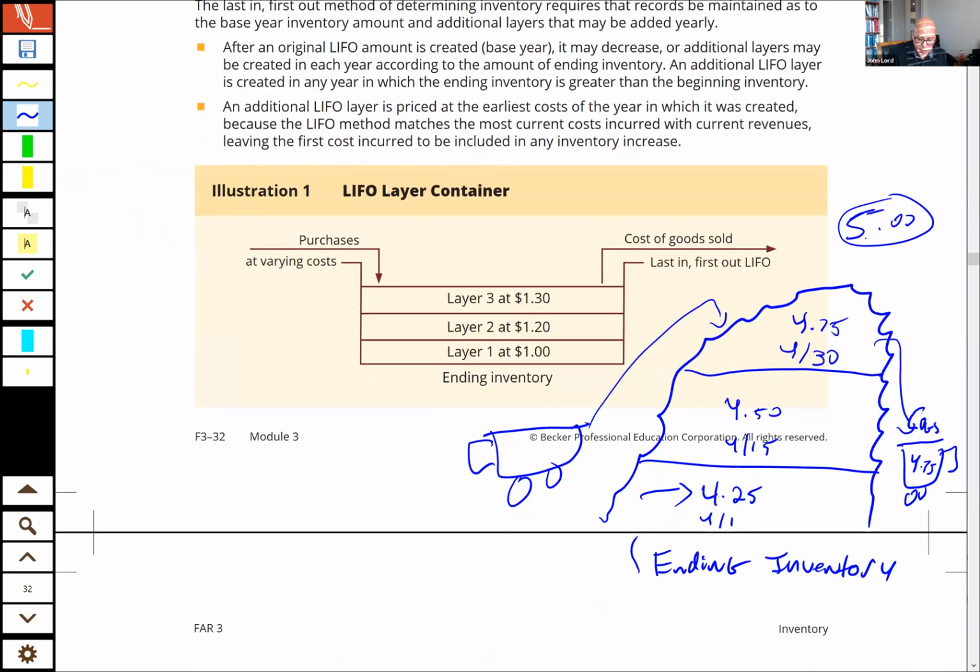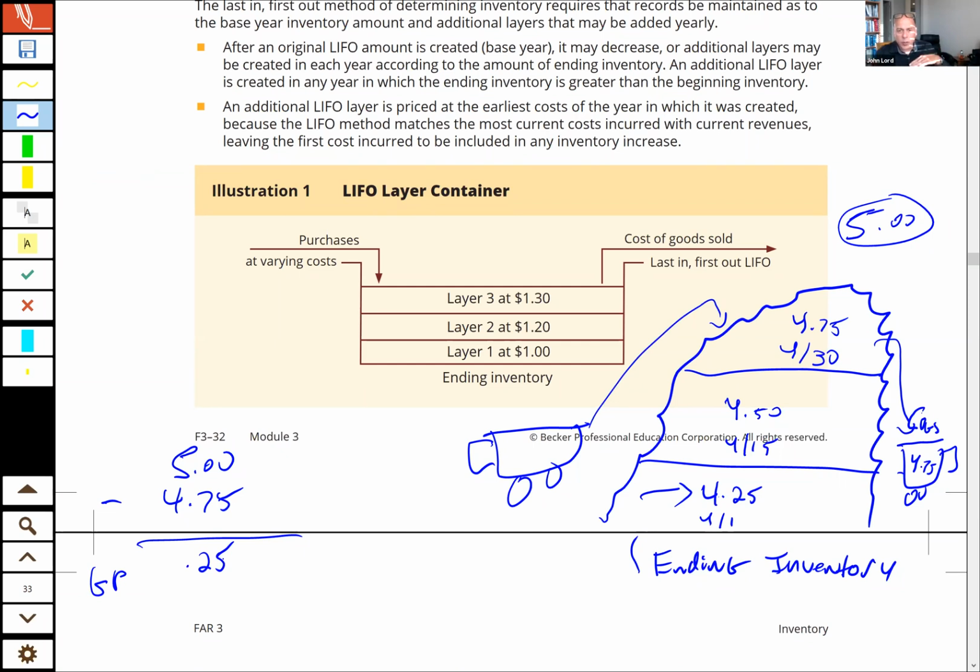if we were to calculate our gross profit now using the LIFO method in this little example, $5 sales price minus $4.75 now is our cost of goods sold. So our gross profit is what? Our gross profit is 25 cents.